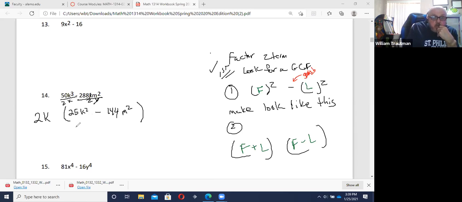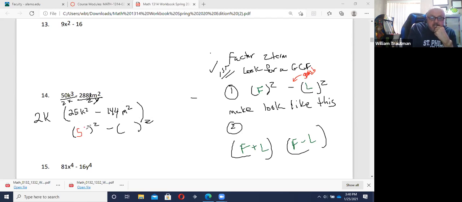So now I have two terms, and it looks like I can get something squared minus something squared. We're going to do step 1 now. You have to figure out, hey, what goes in the first parentheses? 25 is 5 squared.